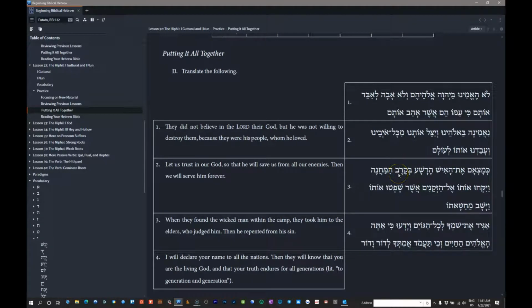bekerev. Bekerev is actually not two prepositions. It's a preposition, and then kerev is kind of like a preposition. It's a noun. It means like the inward part, the inside. So it doesn't mean inside, it means the inside, the place inside.